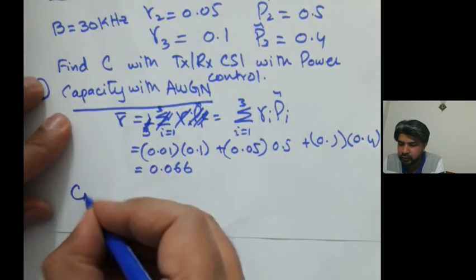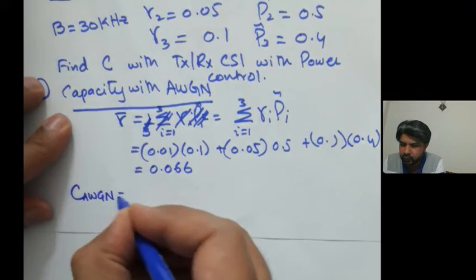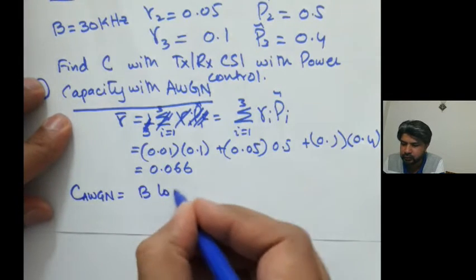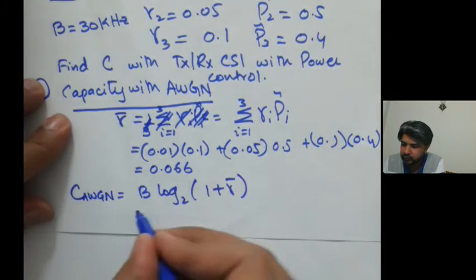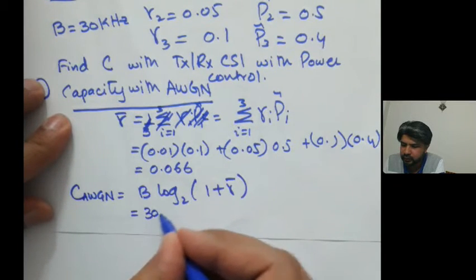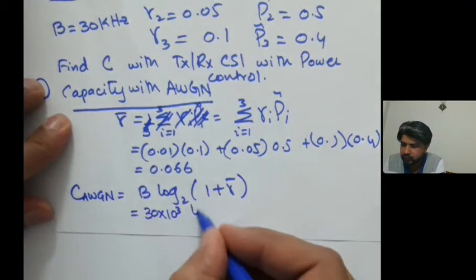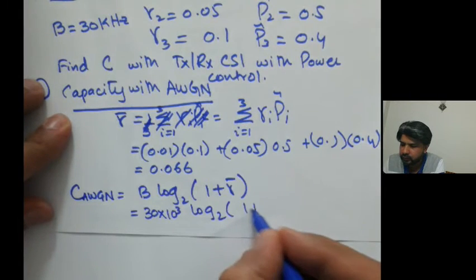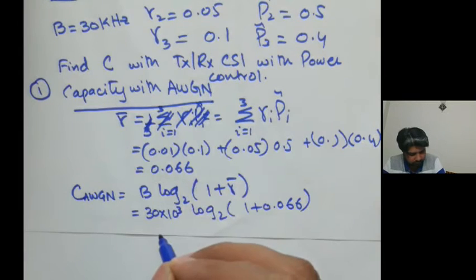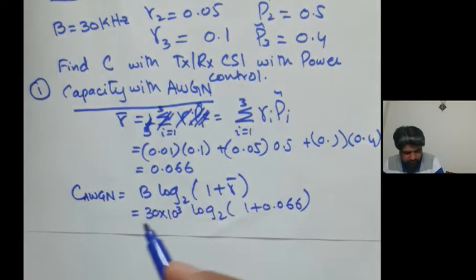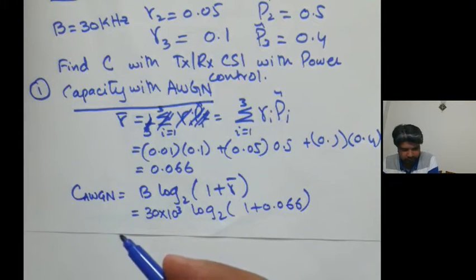So C AWGN would be simply B log base 2 of 1 plus gamma bar. That would turn out to be 30 into 10 to the power 3 log base 2 of 1 plus 0.066 bits per second.